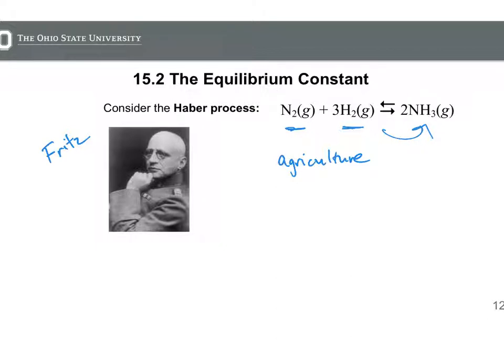And so they needed a way to come up with fixed nitrogen. And so this process is what sort of was developed. You might also see it called the Haber-Bosch process. I think that's how you spell that. Bosch was the person who made this reaction happen on the industrial scale.